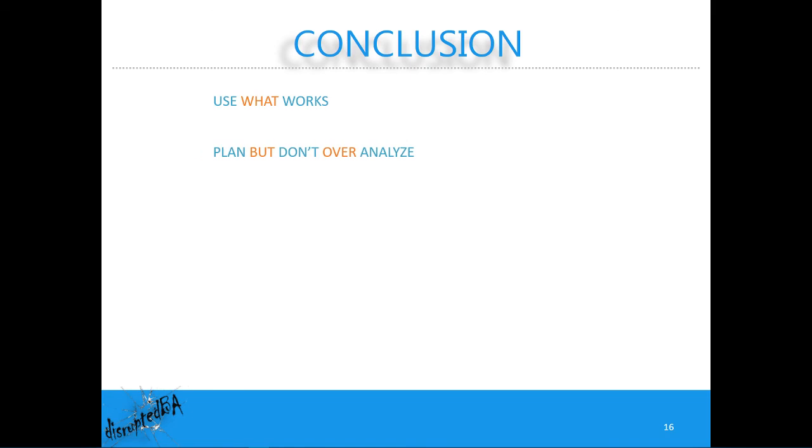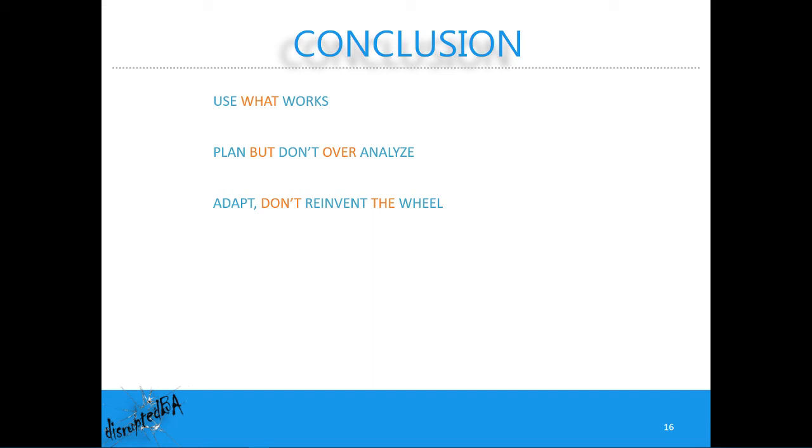Plan, but never overanalyze. Plan up to the point where you have a good plan that you're confident with. Don't keep on planning until you've overplanned. There is such a thing as overplanning or overanalyzing. You need to understand when to stop and say, this is good, I can move forward with this. Then adapt. Don't reinvent the wheel.